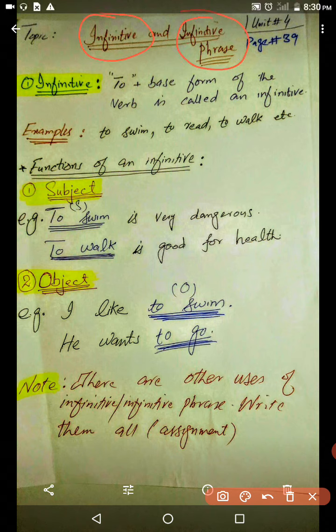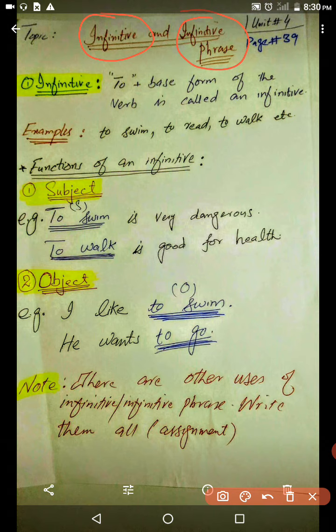So let us ask a few questions before and then try to address those questions during the lecture. What is an infinitive, or what is the definition of an infinitive? Second one is, what is the structure of an infinitive, or how can I identify an infinitive?